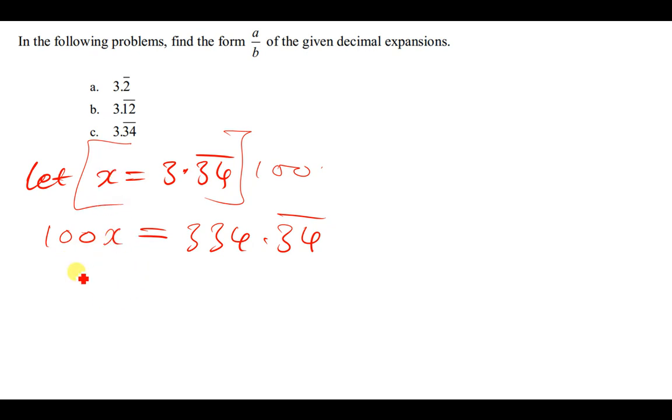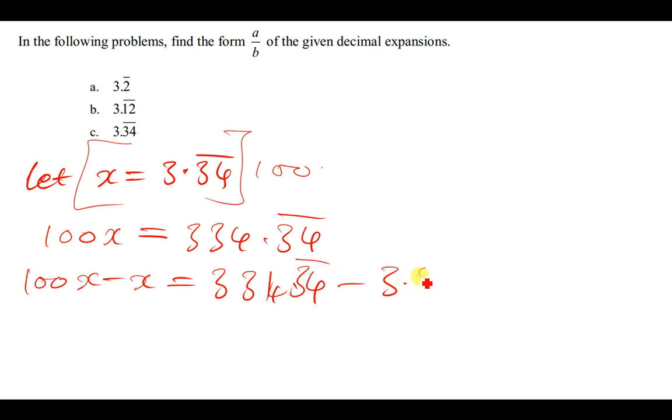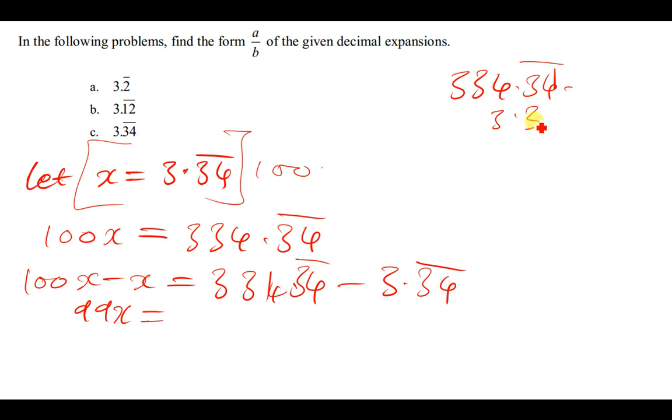So from there, 100x minus x. Sorry, let me just write 334.34 bar minus 3.34 bar, for the sake of understanding. So when you subtract 100x minus x, we get 99x is equal to 334.34 bar minus 3.34 bar.